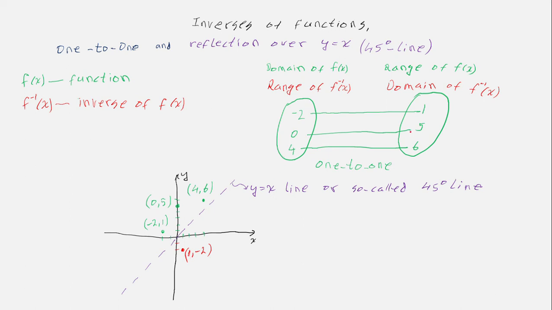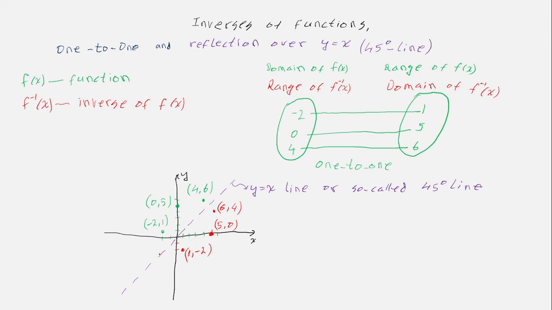Okay, and then we have 5, 0. So we have 5 on x, 1, 2, 3, 4, 5 on x, it's right here, and 0 on y, right? So this is 5, 0. And then we have 6, 4. So 6 on x, and then 4 on y, so that will be somewhere here. So 6, 4.